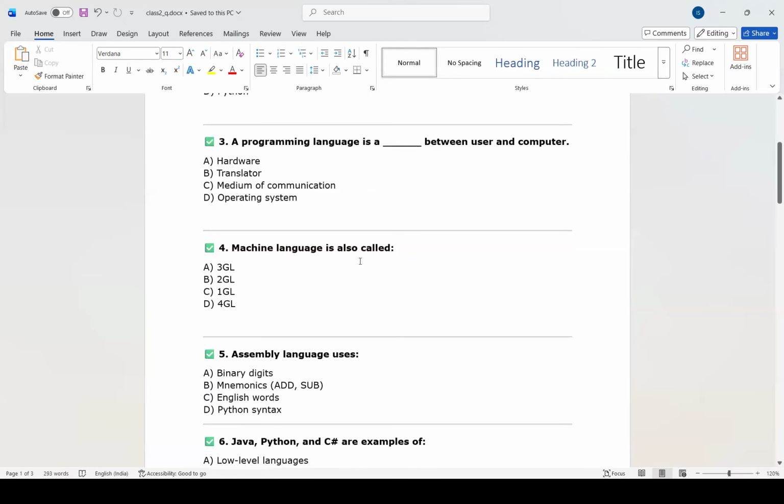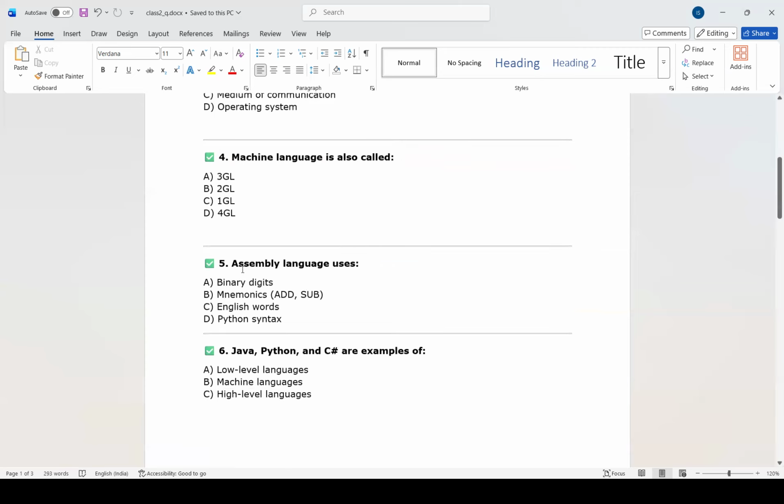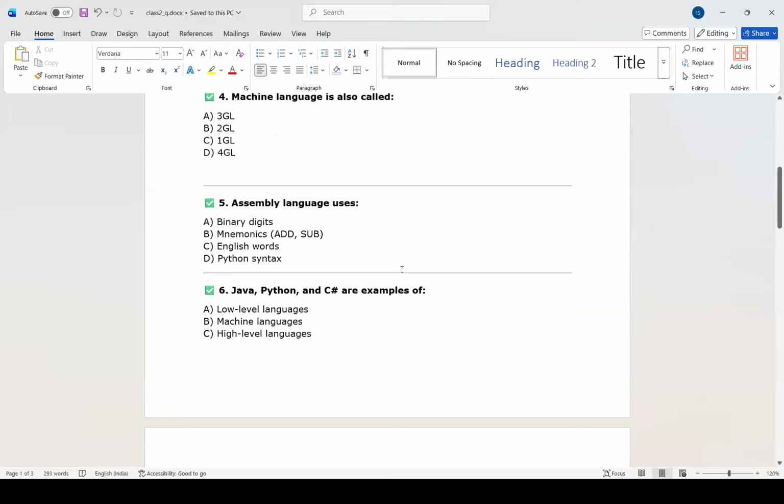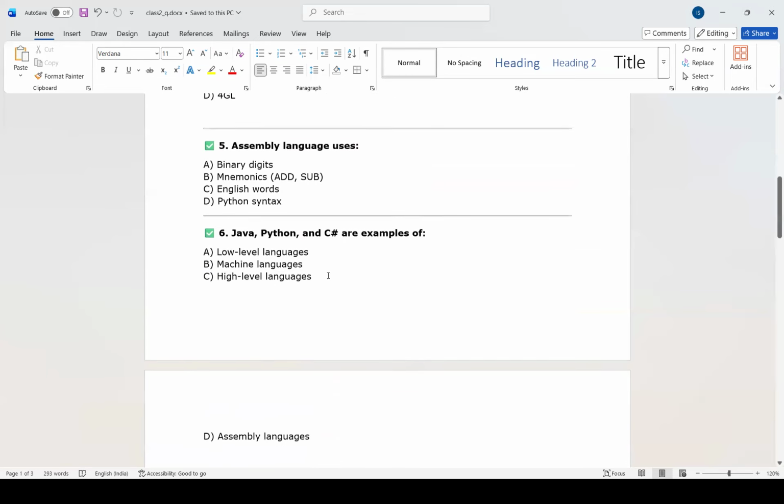Machine language is also called what? Very easy question. 1GL, first generation language. Assembly language uses, binary digits? No. Second one. I told you that assembly language contains mnemonics.